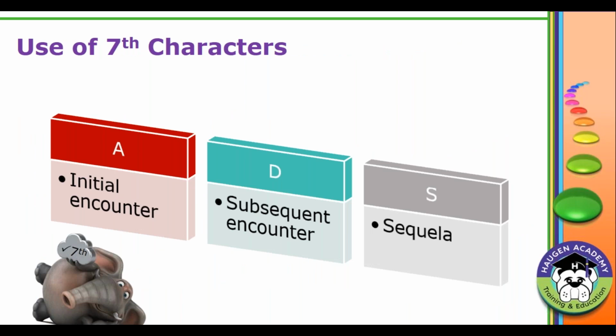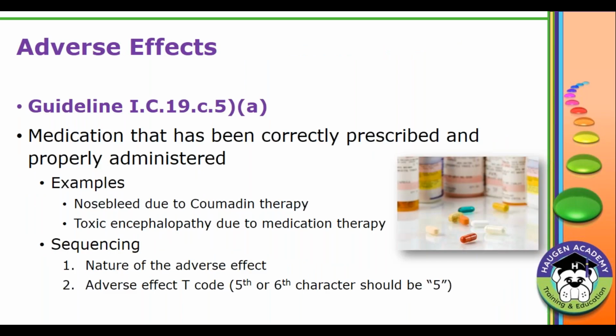These codes, again, do have 7th characters: A for initial encounter, D for subsequent encounter, and S for sequela. For adverse effects, this is a medication that has been correctly prescribed and properly administered. A couple of examples would be nosebleed due to Coumadin therapy, as long as the patient was taking that as prescribed, and toxic encephalopathy due to medication therapy.